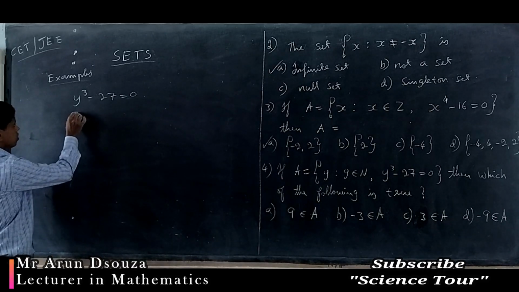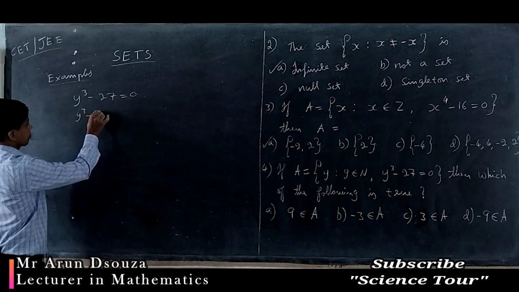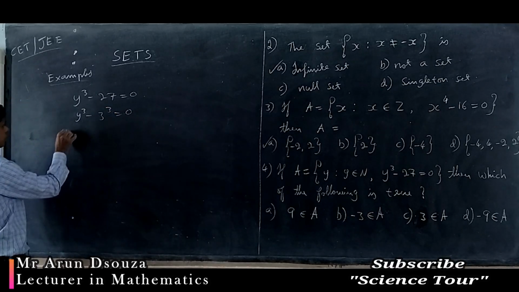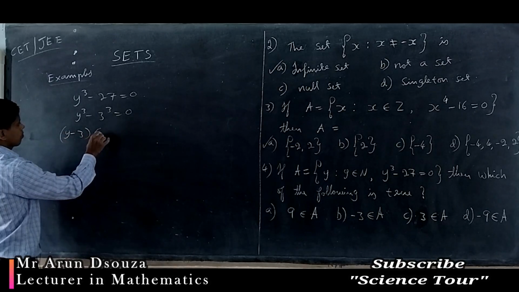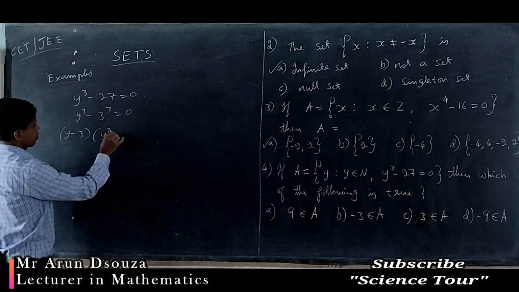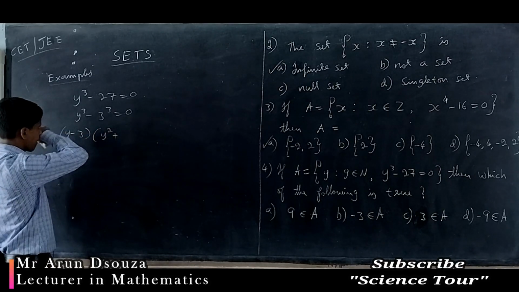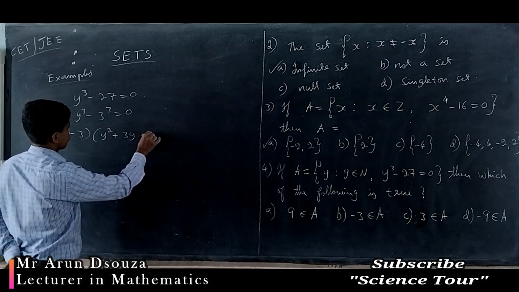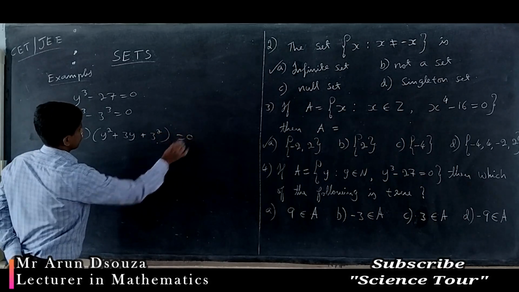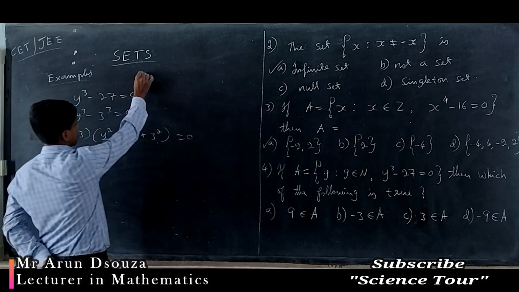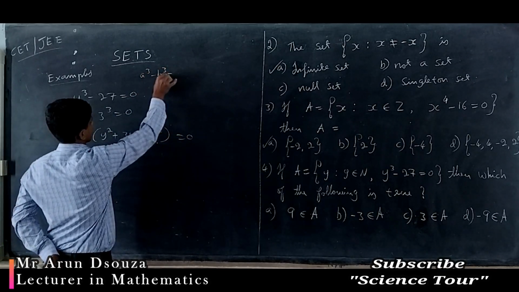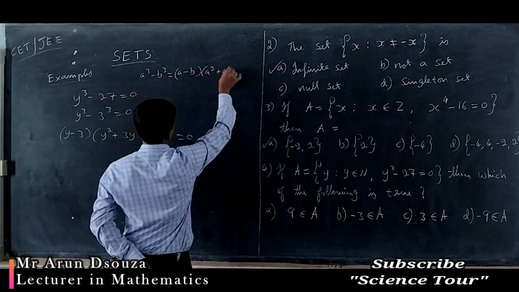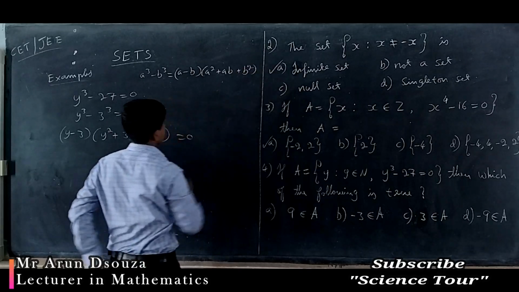So you need that a cube minus b cube formula: a minus b into a square plus ab plus b square. Correct?